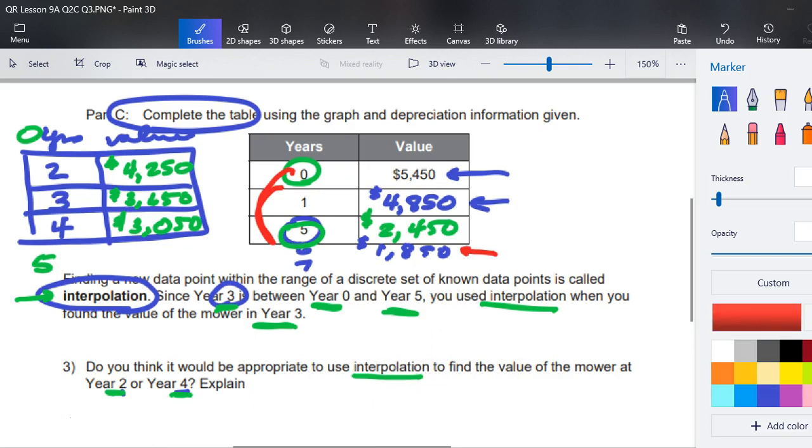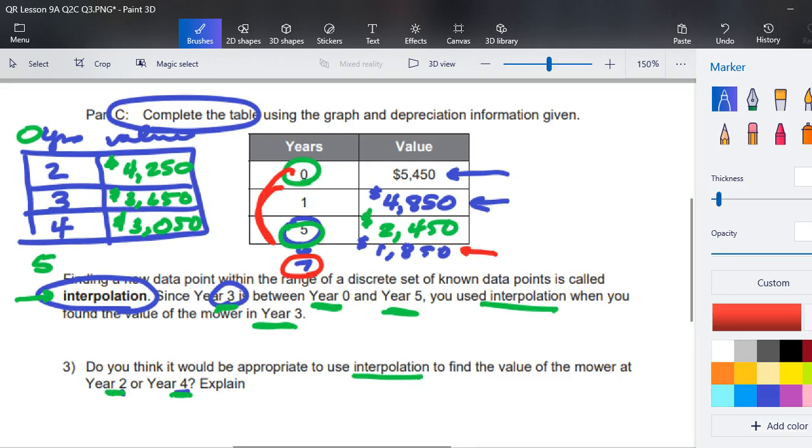And question 5 then goes on to say, do you think it's going to be appropriate to use extrapolation to find the value of the mower at year 9 or year 10? And then it says explain. Watch out, it's a trick question. And so year 7 has significance with the original information they gave us because we're going to only own this thing through year 7.